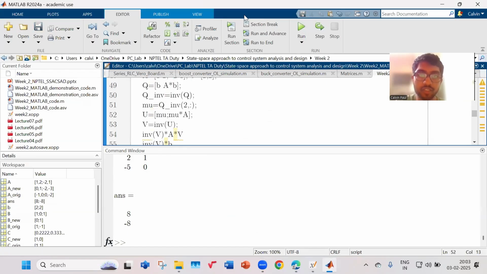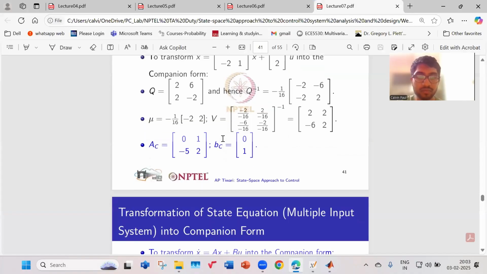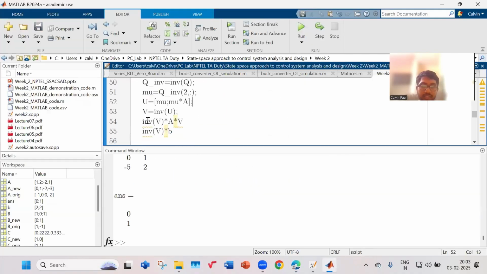This is our V. So let us run this section. So we get A is 0 1 minus 5 2 and B is 0 1, which they have also got. 0 1 minus 5 2 and BC is 0 1. So this is the AC, and this is BC.